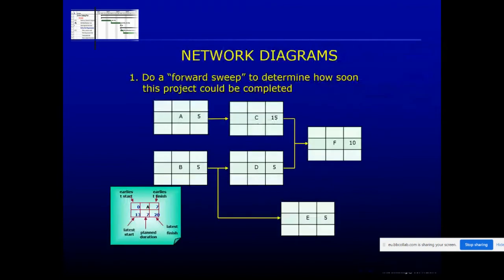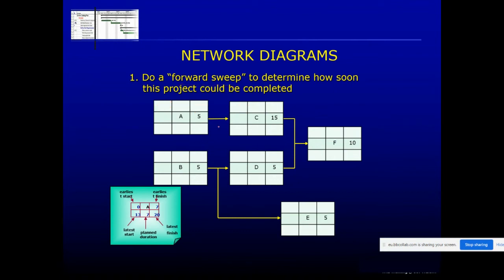Then we start with what's called a forward sweep or forward pass, determine how soon it would be completed, and we start working with the top line, which is this line here, which is the earliest start and the earliest finish for each activity. That's the early start, early finish. When is the earliest this activity can start, and therefore when is the earliest it can finish for each activity, and we follow it through. So this is the top line of everything.